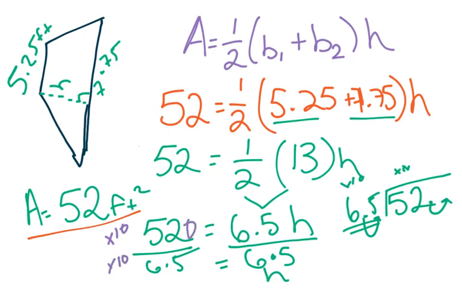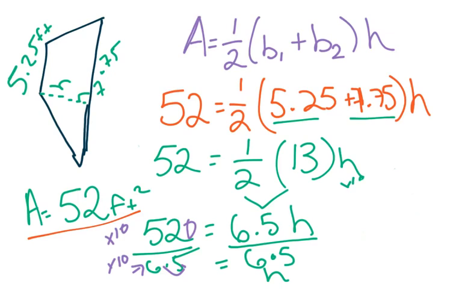That becomes 520. That becomes 65. So that way there are no decimals in my divisor, in my denominator here, and I can continue with my division problem. So now I have 520 divided by 65.